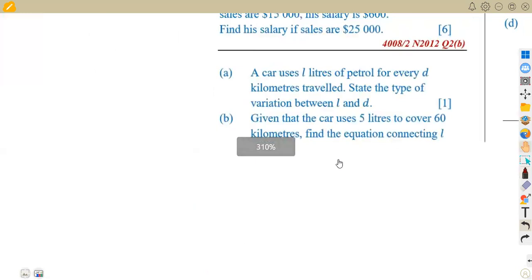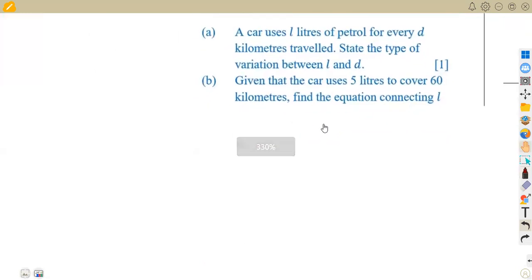All right, then here we are given that a car uses L liters of petrol for every D kilometers traveled. Remember, as distance increases, the number of liters that you are using is increasing. So the question is, state the type of variation.